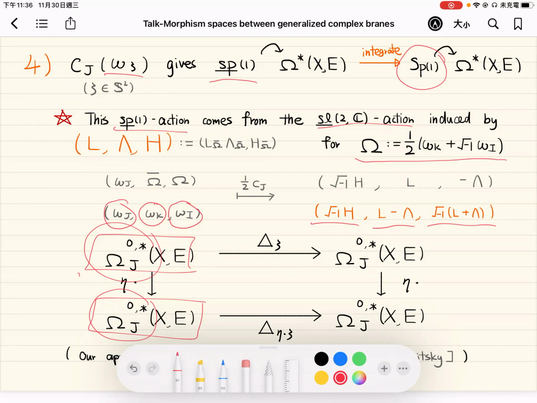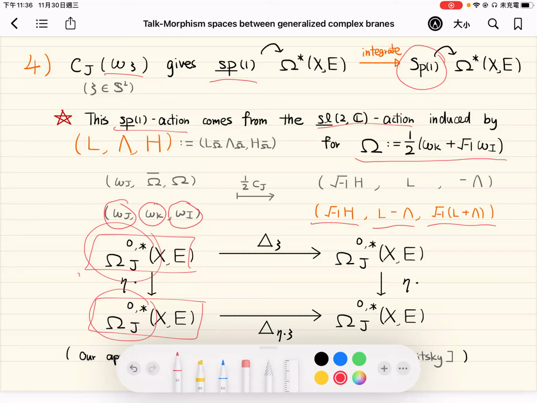If you fix a J, you don't really have the whole family. It just moves everything to the particular J. What you really think about is a whole S2 family of a fixed big Hilbert space of all the forms.